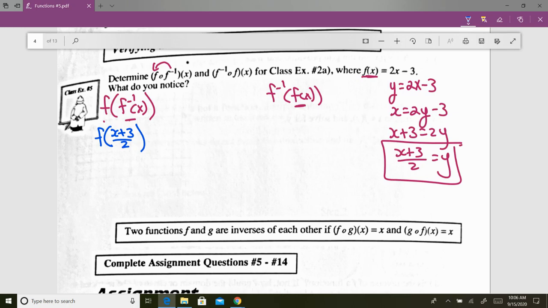And we're going into the original, so it's going into that x right there. So I get 2 bracket this whole thing minus 3. What happens to those 2's? They cancel each other out because you're multiplying it in. So those are gone. So then I have x plus 3 minus 3, which is just x.